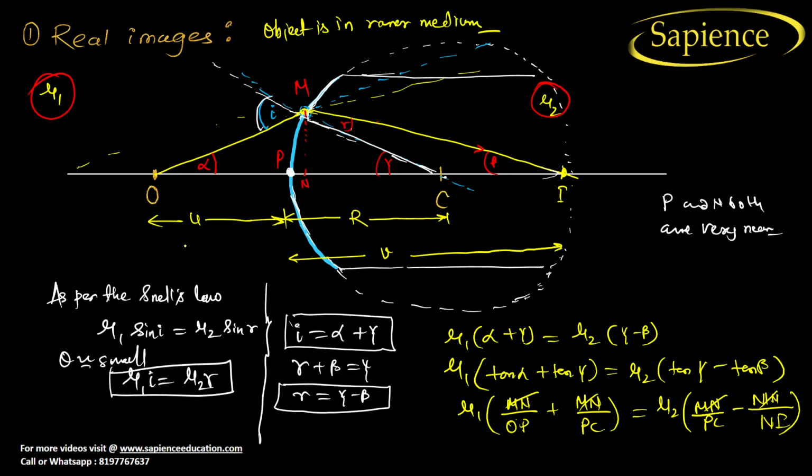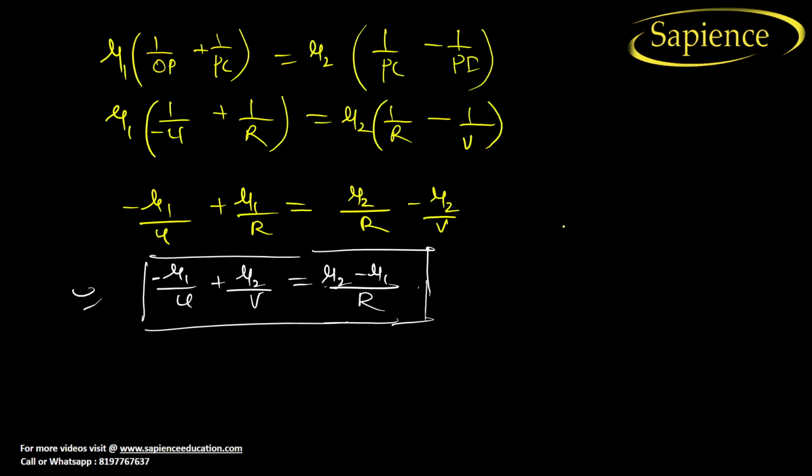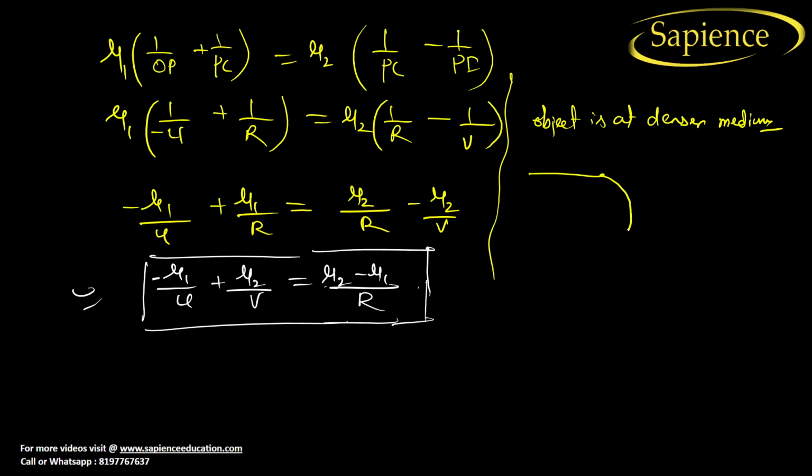Now if you want to derive a similar expression for when the object is in a denser medium, let us consider this is our spherical refracting surface and the object is here. So it is going like this, understood?